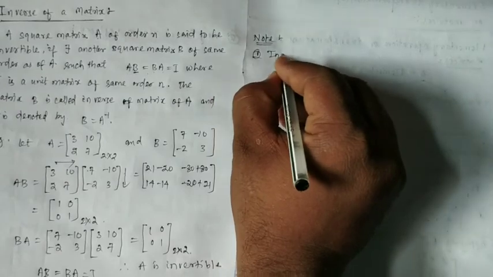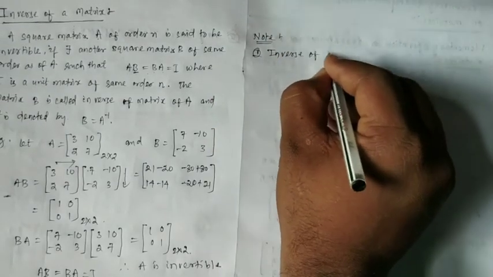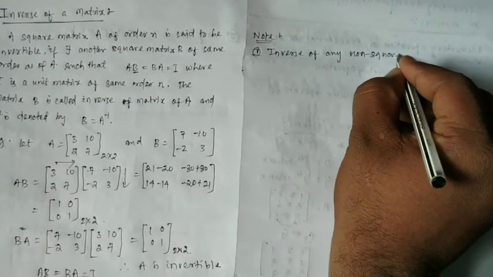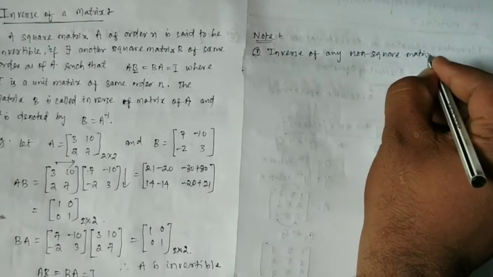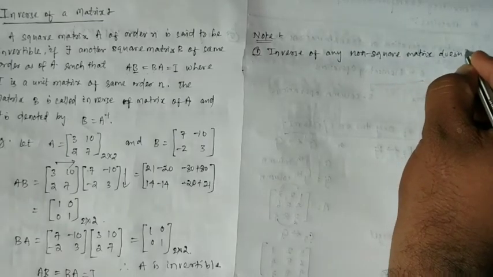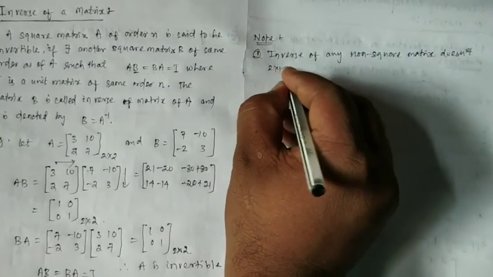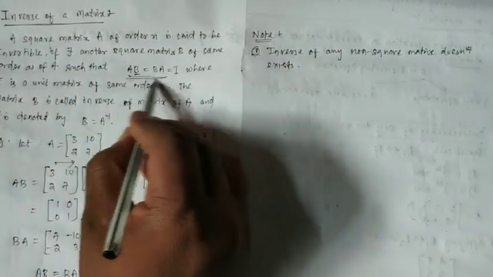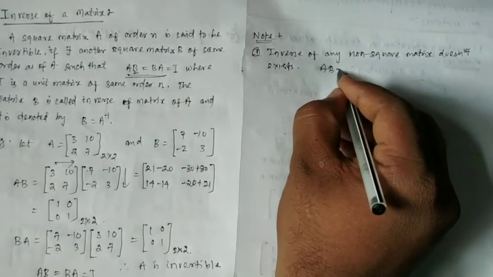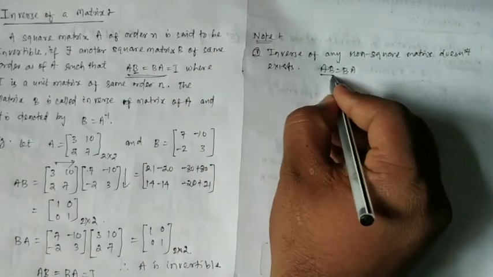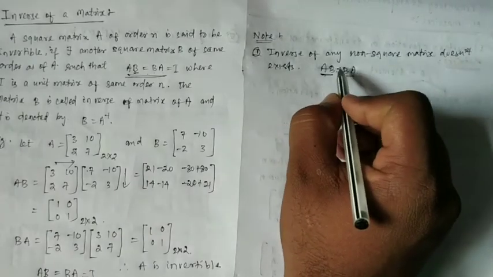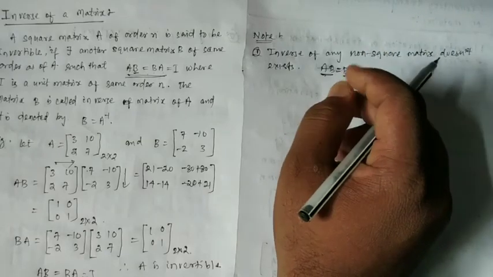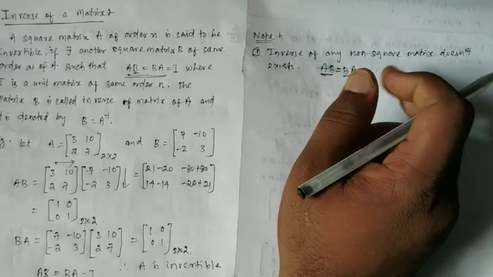First one is, the inverse of any non-square matrix does not exist, because from the definition we see that AB equal to BA, that means the products AB and BA are both possible and equal. This is only possible when both A and B are square matrices of the same order.